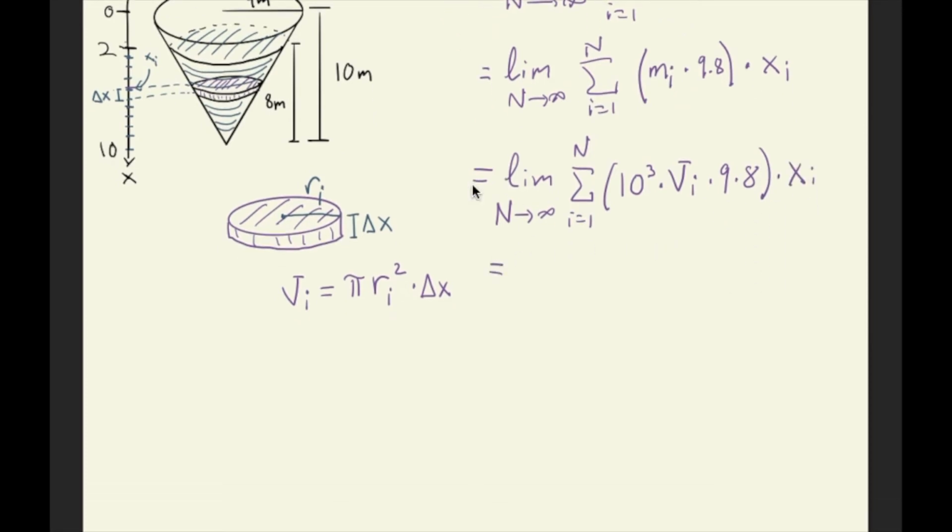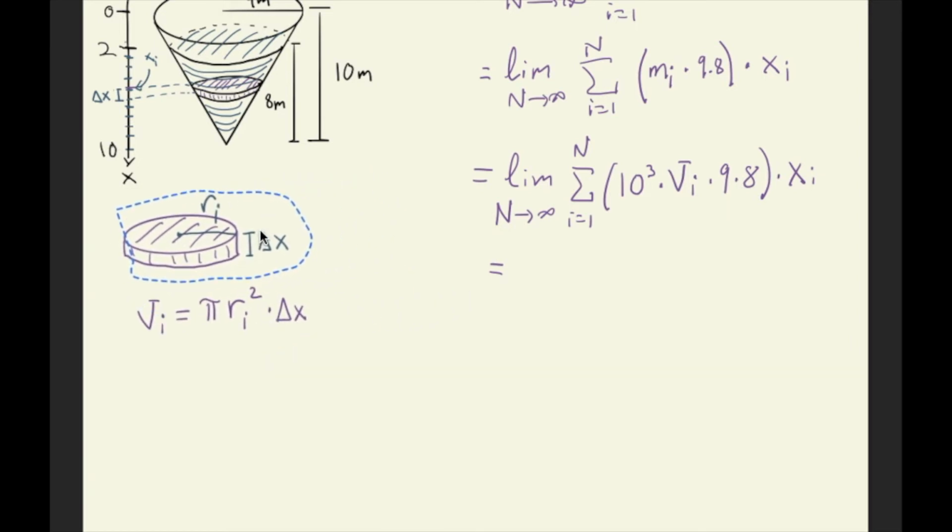And this is equal to, let me scooch this over. Okay, now I have a little bit more space.